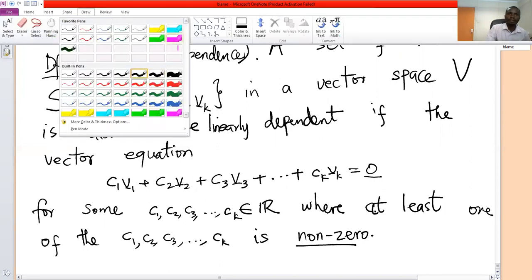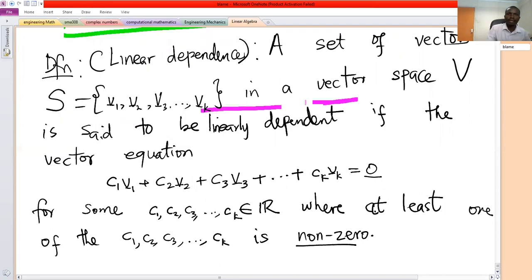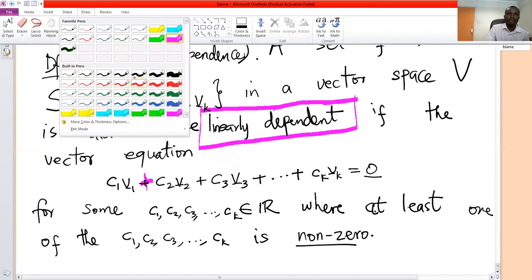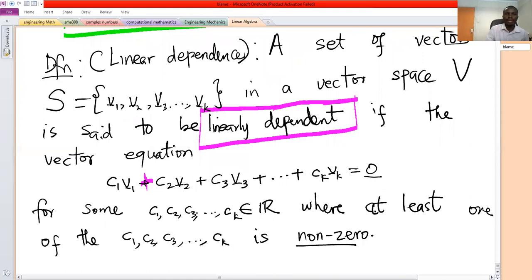This is the key term, linearly dependent, if the vector equation C1 V1 plus C2 V2 plus C3 V3 up to plus CK Vk equals a zero vector for some scalars C1, C2, C3 up to CK, where at least one of these real numbers is non-zero. That's what we call a linearly dependent set.